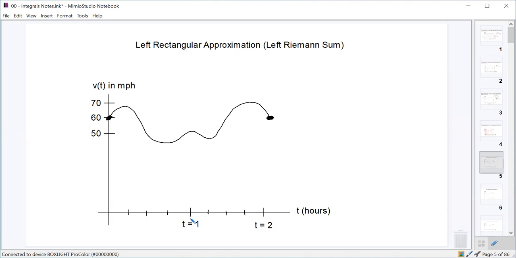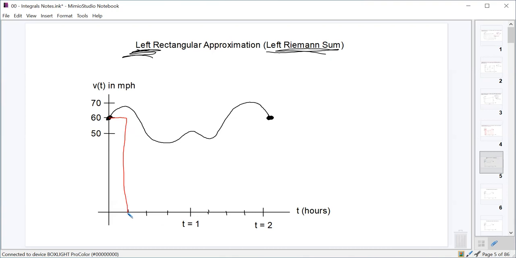So that I have a uniform width to each of these rectangles that I'm going to draw. And then, since this is called a left rectangular approximation, or we'll call these left Riemann sums, we'll just make our rectangles starting with the left endpoint of each interval.